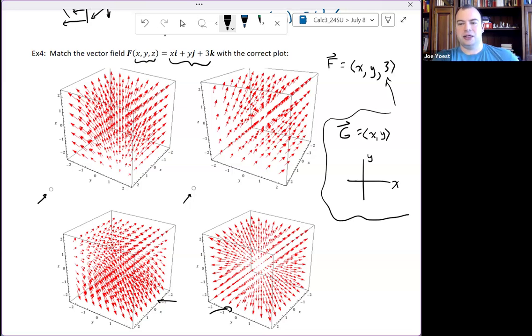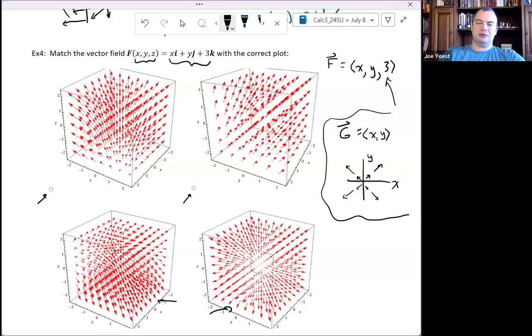When x and y are small positive, I get a vector pointing out like this. When they're moderate or large positive, I get a larger magnitude vector pointing away from the origin. We've done this one already. This was the xi plus yj one. We get something that looks like this.